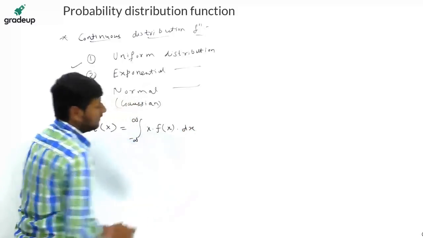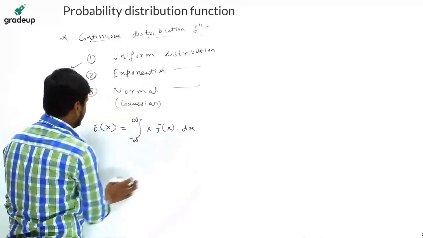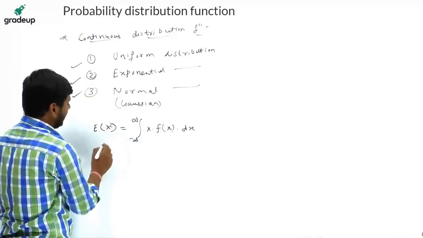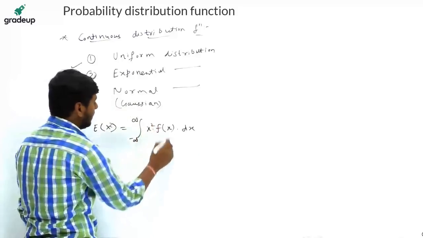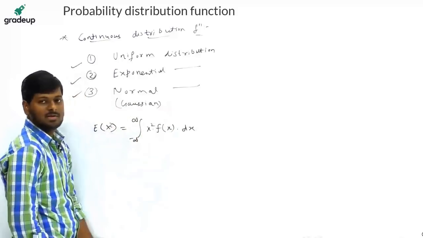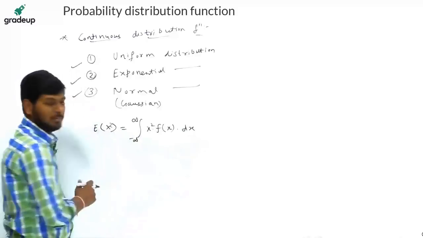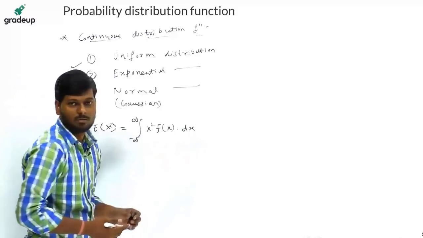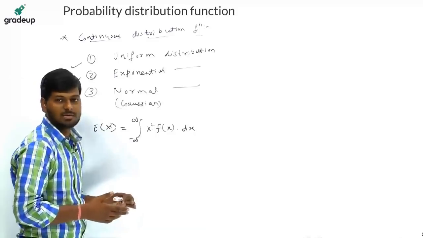This is the mean I have told you. So just remember this formula, and E[X^2] will be the integral of x square into f(x) dx. You only have to remember this formula, and the next question will be solved automatically. So let's see the question.